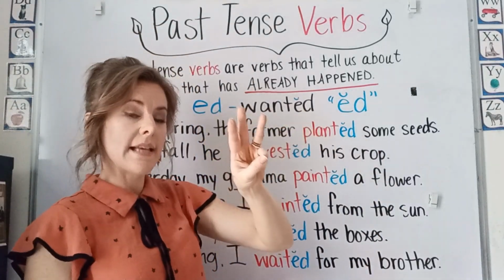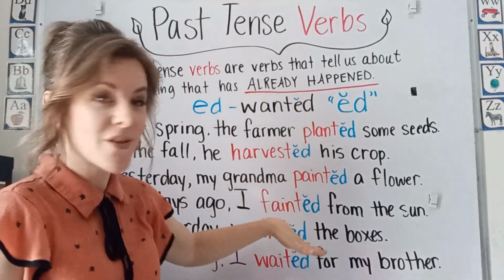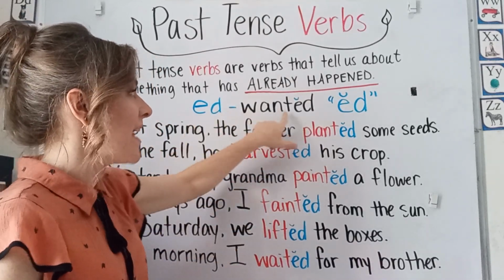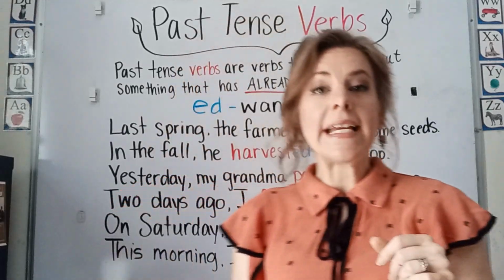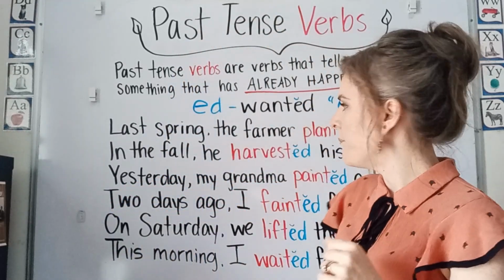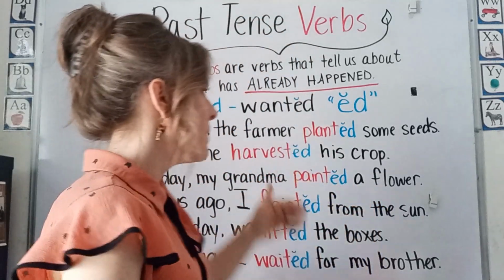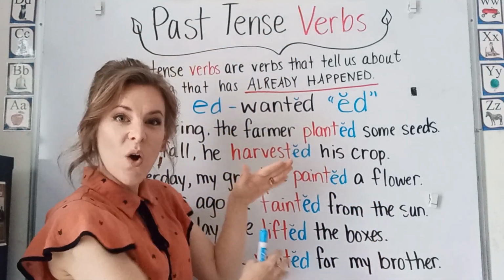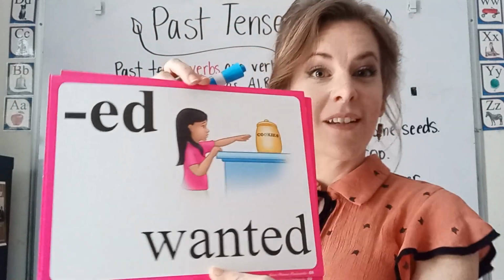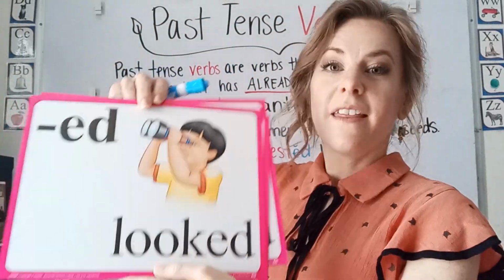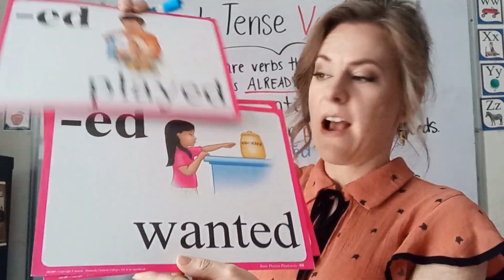Now with these eds, these are the sounds that sound like d in wantED. There are three sounds that ed can make, but these examples are the example of ed in wantED, which sounds like a short e and a d sound, okay? And the more that you read and you talk, you'll be able to recognize which ones make the ed sound or the t sound or the d sound, okay?